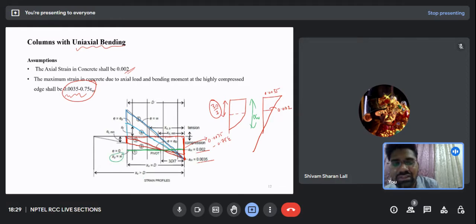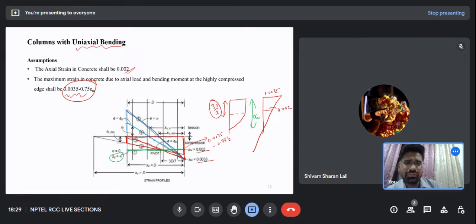Xu was infinity because there is no point where we can say above this point we have compression and below this point we have tension, because there is no tension for the green line. For the red line, my xu comes into the picture, and slowly as we go toward the blue and violet lines, we have finite values of xu.